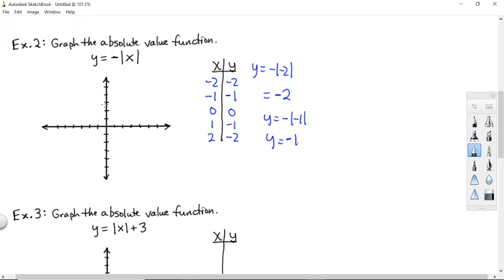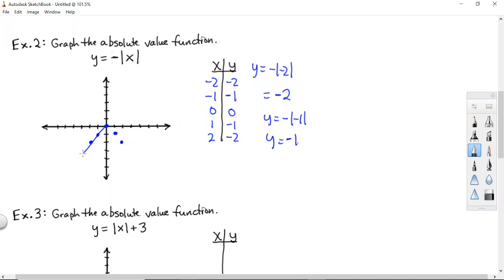Okay, so let's plot those. Negative 2 this time is negative 2. Negative 1 is negative 1. 0, 0, then 1. X is 1, y is negative 1. When x is 2, y is negative 2. So it looks like that.